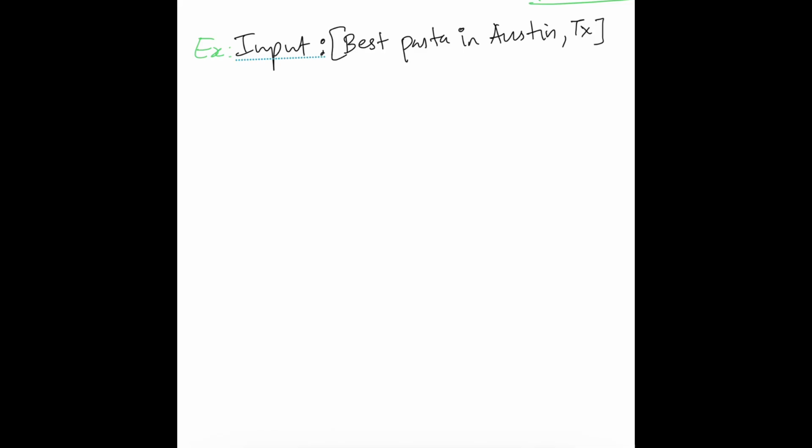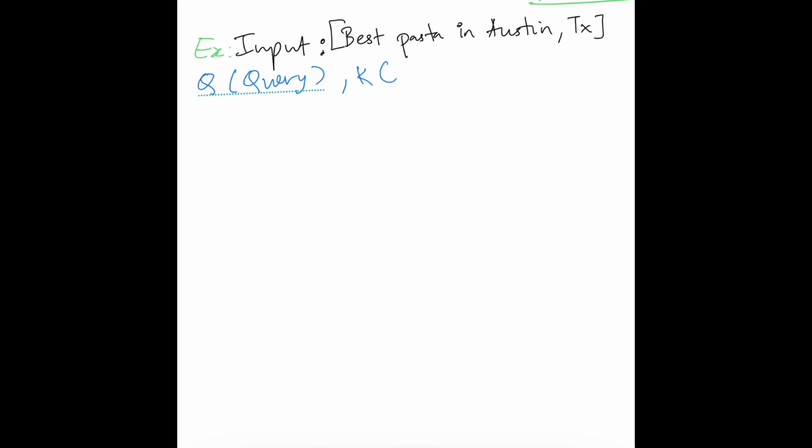What I'm trying to do here is draw an analogy that will help us better understand the attention mechanism. And then I will also be introducing three key terms: Q, which is the query; K, which is keys; and V, which is values.